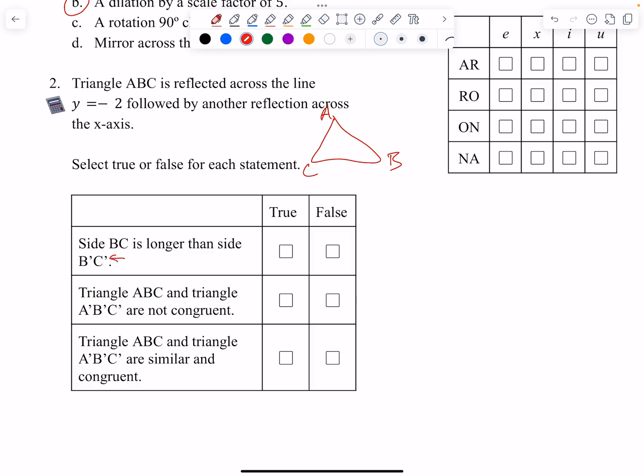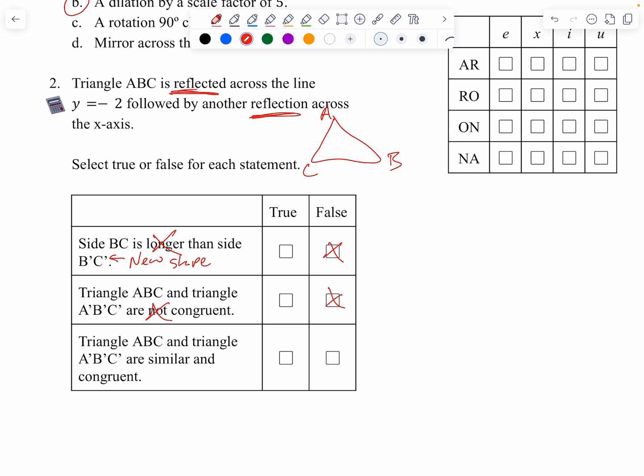So again, when it has that, that's the new shape. So did it get bigger or smaller? No, because all you did was reflect and reflect. So it is not longer. They are exactly the same. So that's false. Triangle ABC and triangle A'B'C' are not congruent.